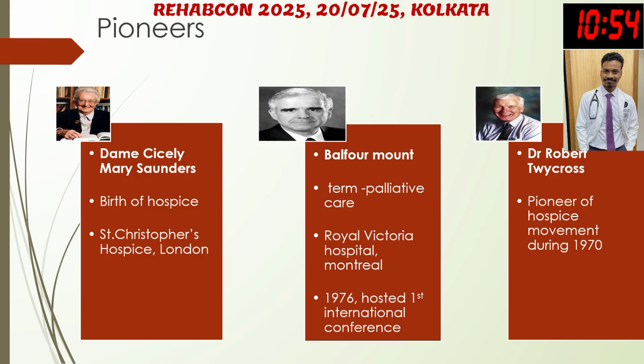When she was young, she wanted to be a nurse initially, but because of pressure from her family, she had to follow economics and other subjects. At that time, there was a breakout of the World War, and she felt the need of palliation when she saw that all the critically ill patients were being ignored and neglected and were being sent home.